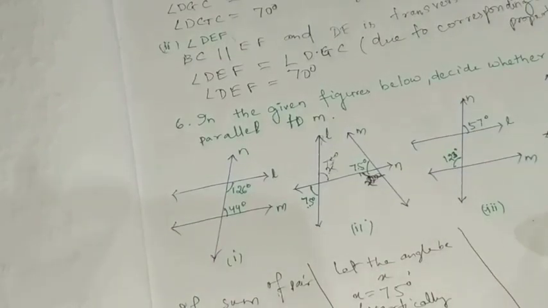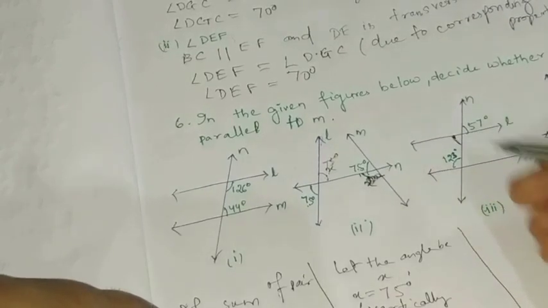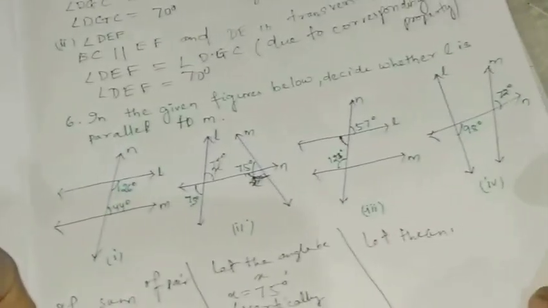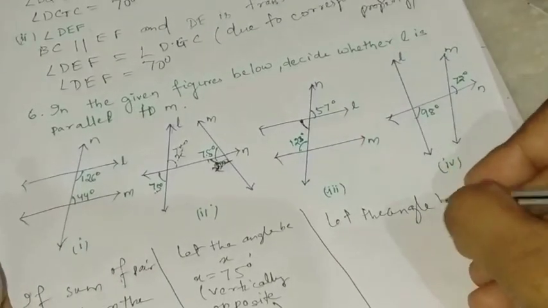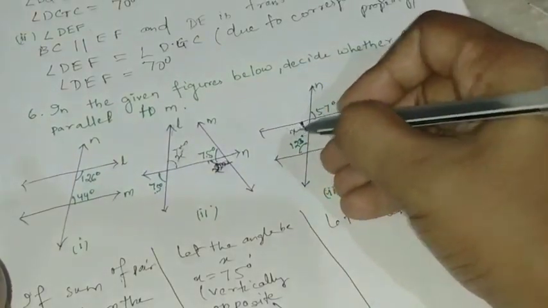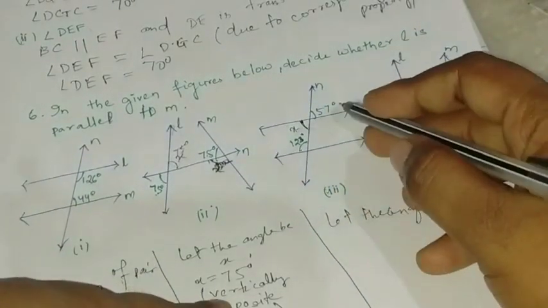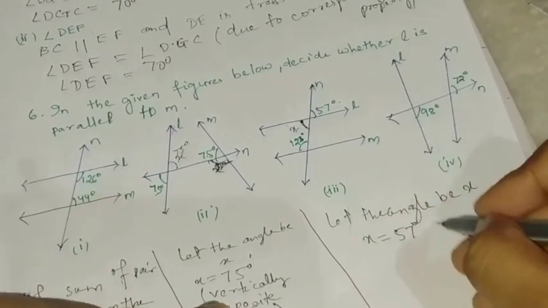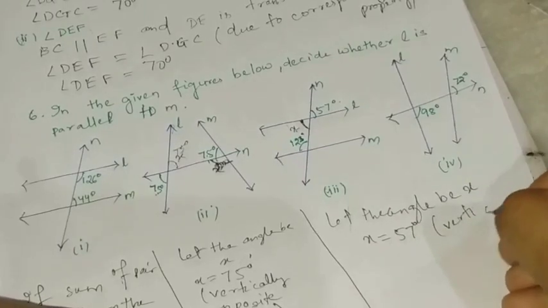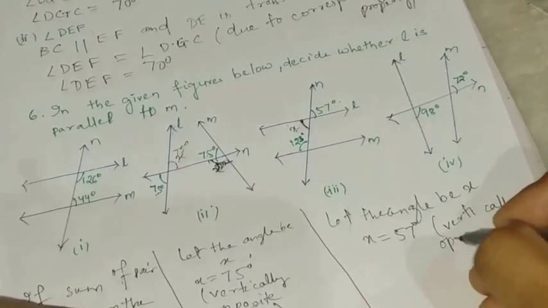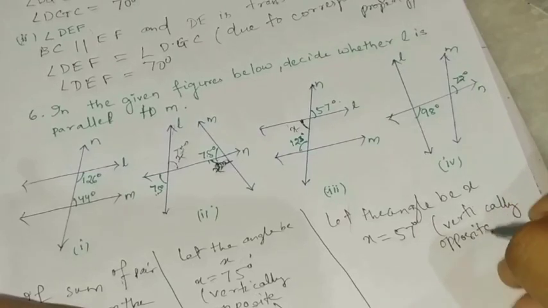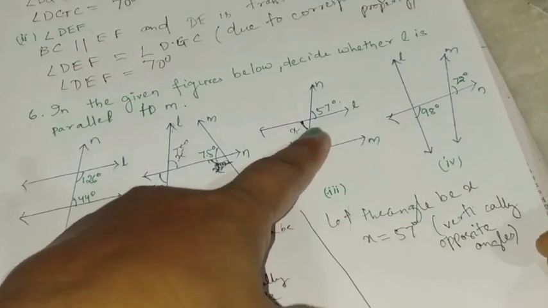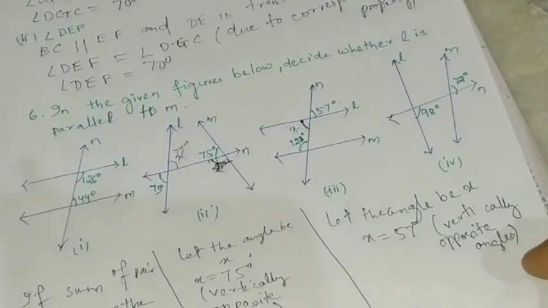Let this angle be x. So x equals 57 degrees. Why? Because these are vertically opposite angles. That's why x equals 57 degrees.